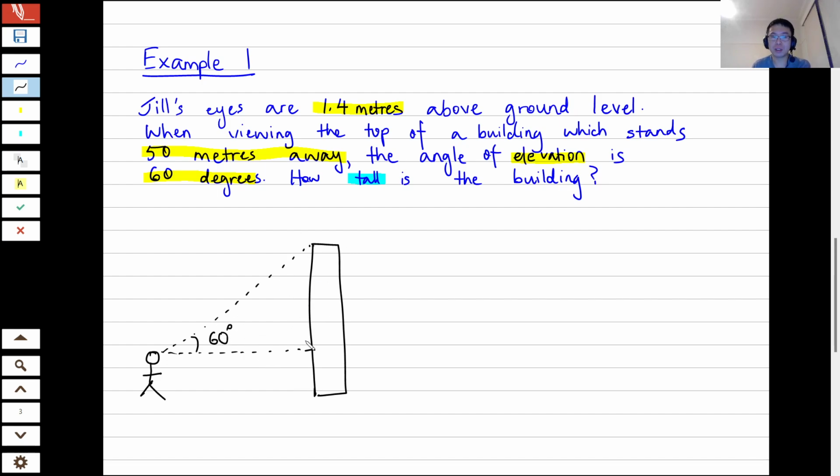Of course, this forms a right-angled triangle, and we can label some heights. This height from ground level to eye level is 1.4 meters, and this distance along the ground is 50 meters. So, in other words, Jill is 50 meters away from the base of the building.